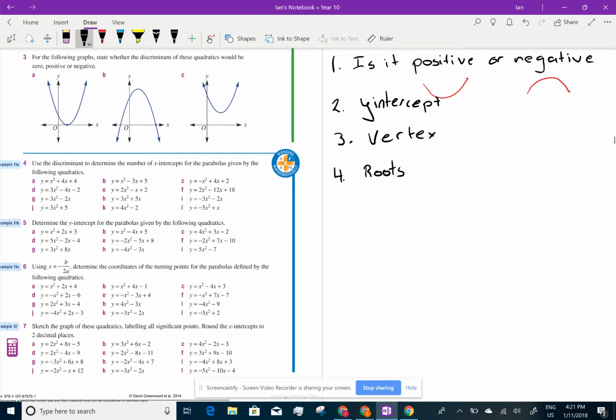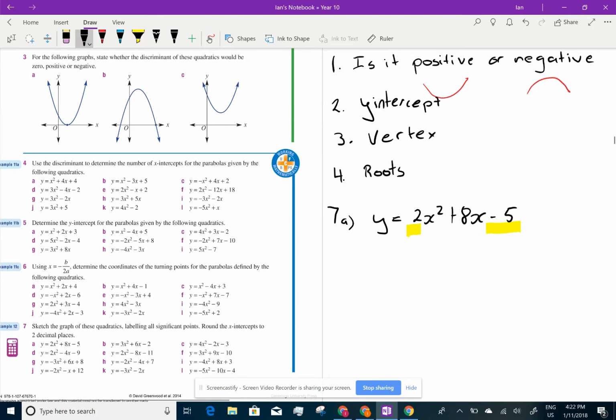Righto. So here we go. Let's start with 7a. We have y equals 2x squared plus 8x minus 5. Straight away, I know that this is positive, and I also know my y-intercept is negative 5, so I know it has roots.